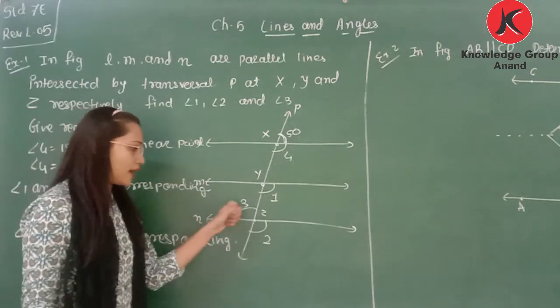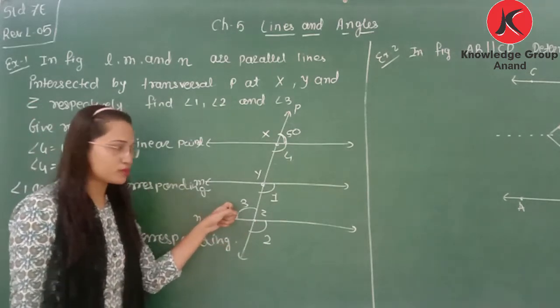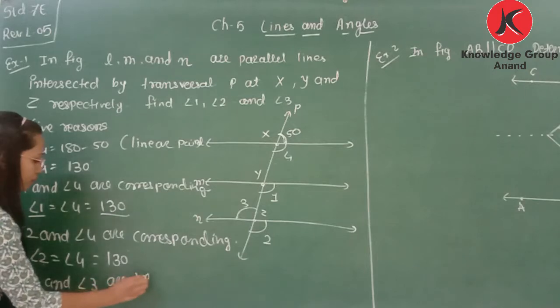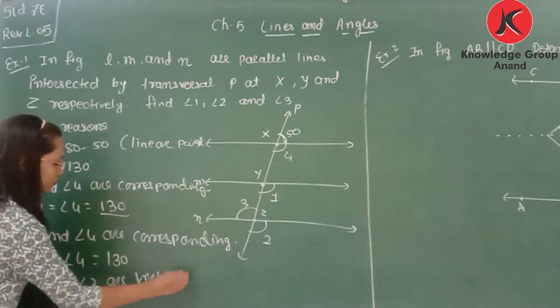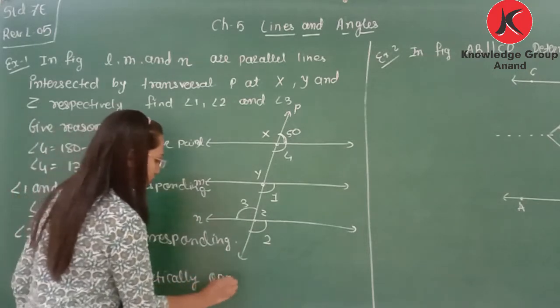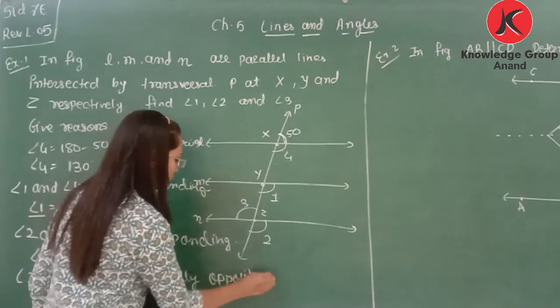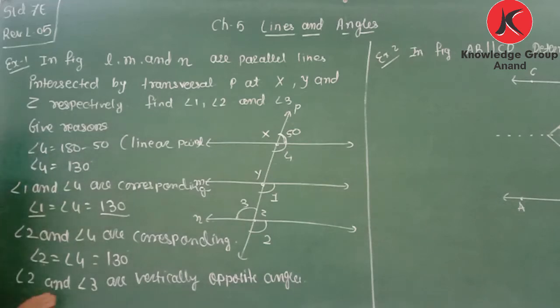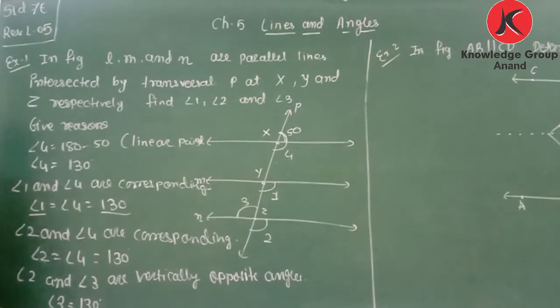Now angle 2 and angle 3 are vertically opposite. So we can write angle 2 and angle 3 are vertically opposite angles. So angle 3 is also 130. Clear? So this property you can use to find the angle.